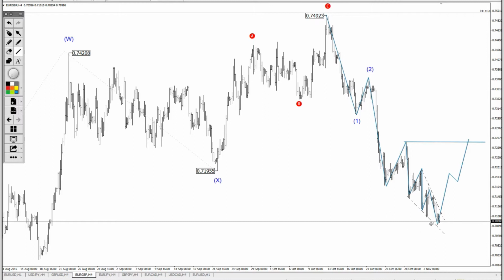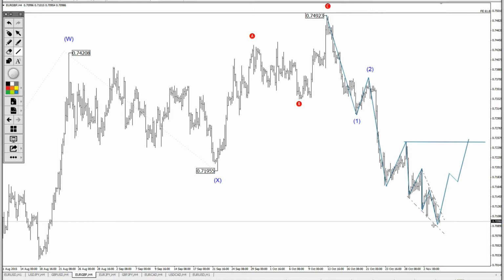I also have a pending buy limit order here, which is just on the lower end of this wedge shaped diagonal triangle. But maybe better is to wait and see how this develops, and when we see the reversal we can then enter the buy order here.